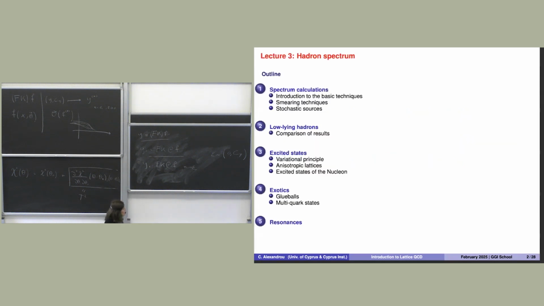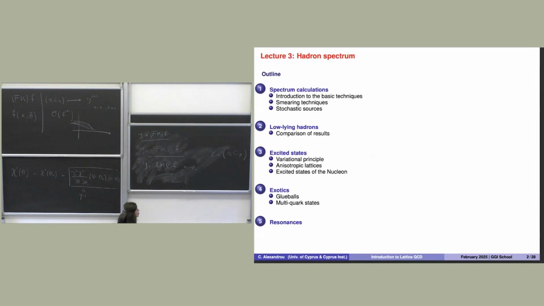Okay, so this is the outline of today's lectures. I'm going to do hadron spectroscopy today, and the next lecture will be hadron structure. Hadron spectroscopy is an important subject, as I will try to explain.